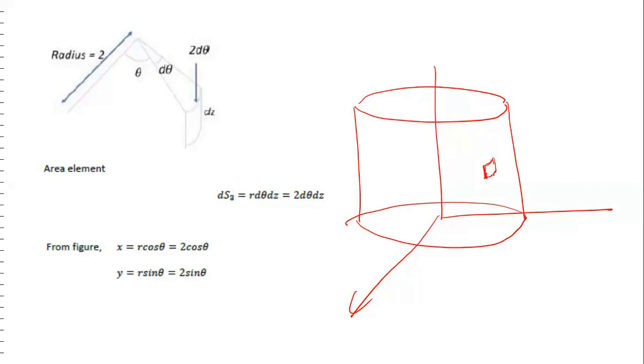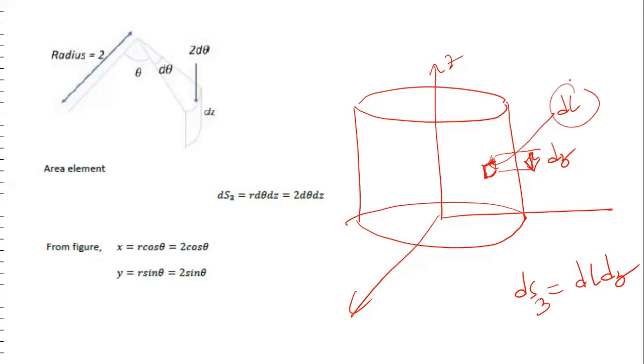We can see that this will be curved, but the z exists, so this small side here will be dz, an infinitesimally small segment along the z-axis. In order to find the area, let's say this curved line is dl. So area ds3 will be dl into dz. All right, dl into dz.